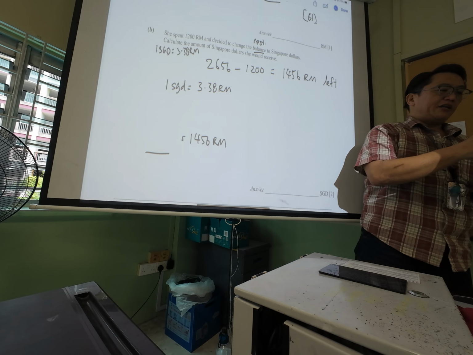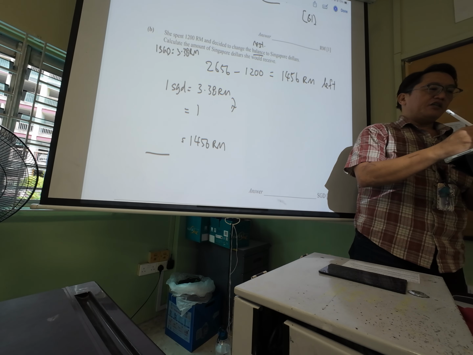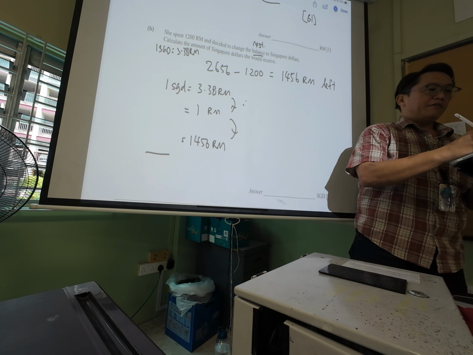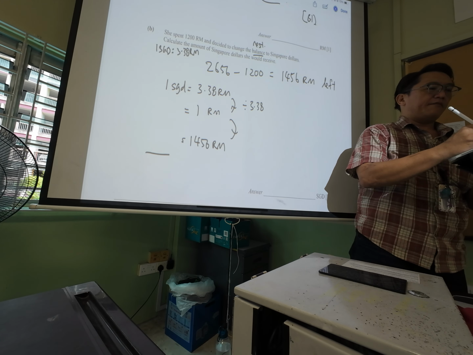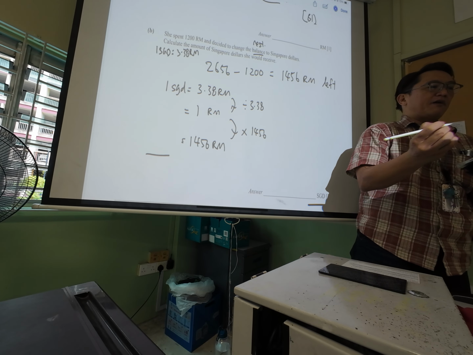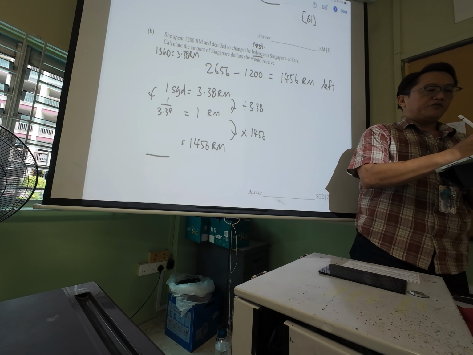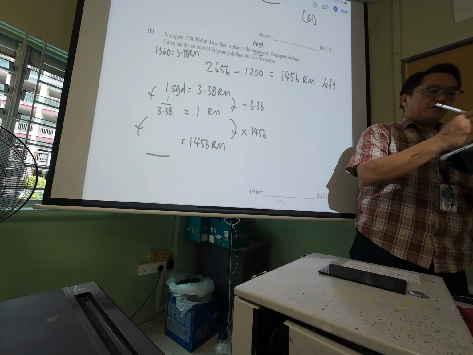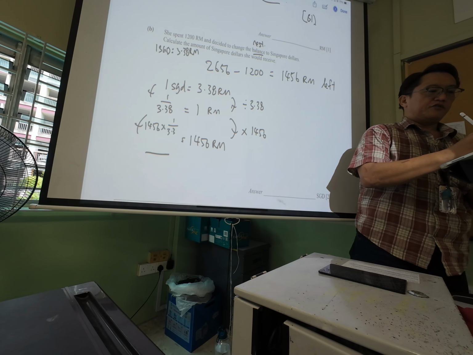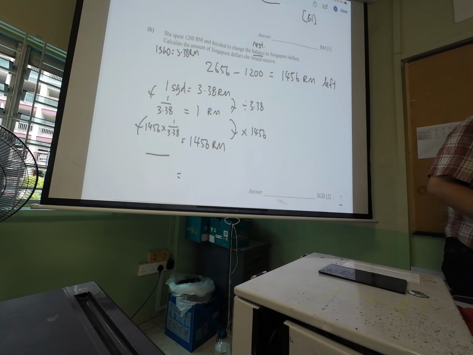So from 3.38 to become 1456, I told you before, change it to 1 first, then you won't be so easily confused. Change it to 1 by dividing by 3.38. Then after that, from 1 to 1456, multiply by 1456. So this side will be 1 divided by 3.38. Then 1456 multiplied by 1 over 3.38, or 1456 divided by 3.38.